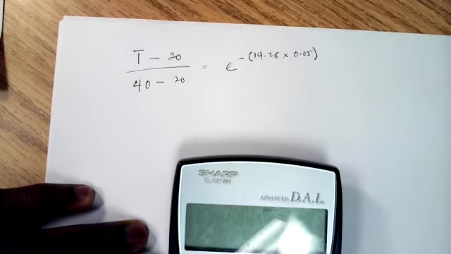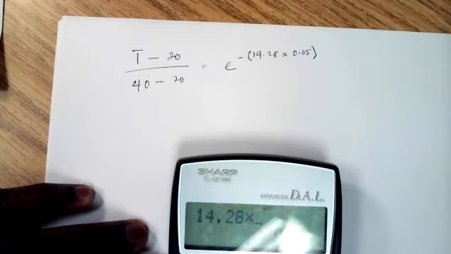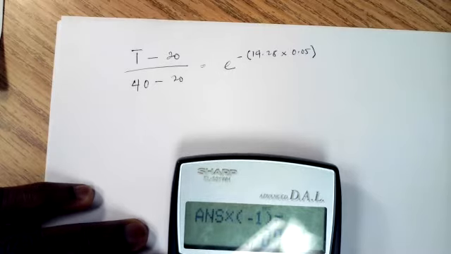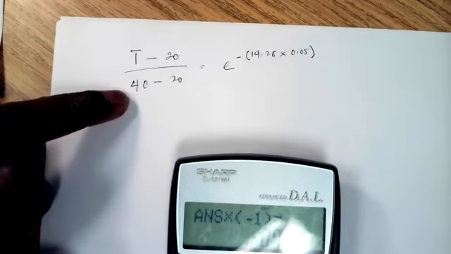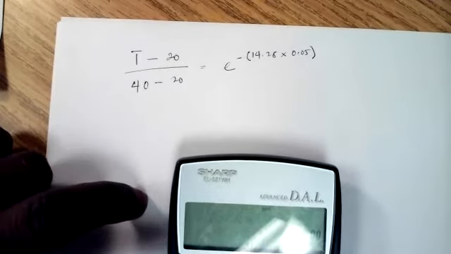Oh, sorry, 14.28 by 0.05. Okay, and then we can take all that. The difference between 40 and 20 is 20, right? So just do that.